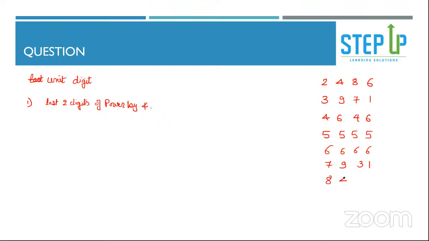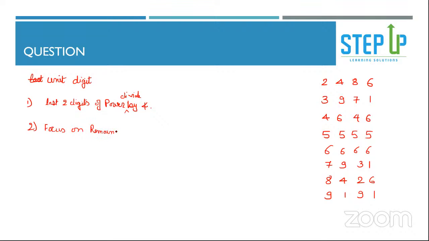For 8, it is 8, 4, 2, 6. For 9, it is 9, 1, 9, 1. Though for 4 and 9 it repeats after every 2 numbers, we will still go ahead with 4; that's the rule we have made. So divide the last two digits of the power by 4. The second step is to focus on the remainder.